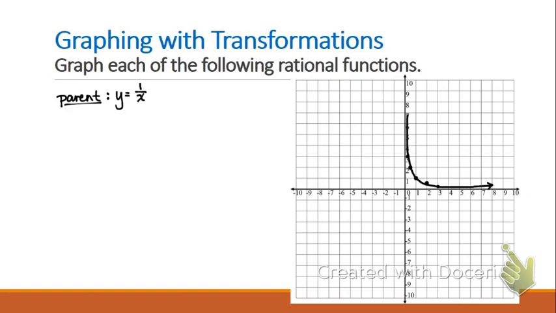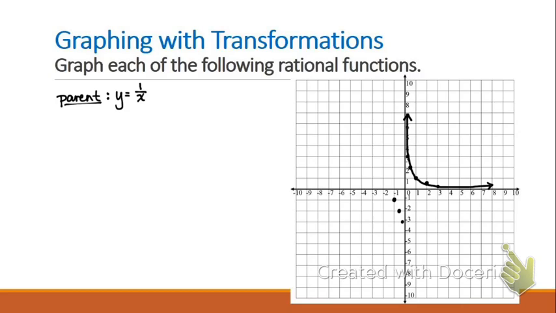for this, but that's only checking my positive values for x. If I have negative values for x, so like a negative 1/2, that's going to be the reciprocal. My output would be negative 2. If I have negative 1/3, my output would be negative 3. If my input, my x, is negative 1, my output is negative 1.